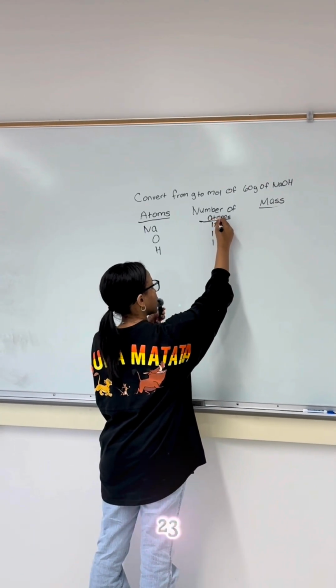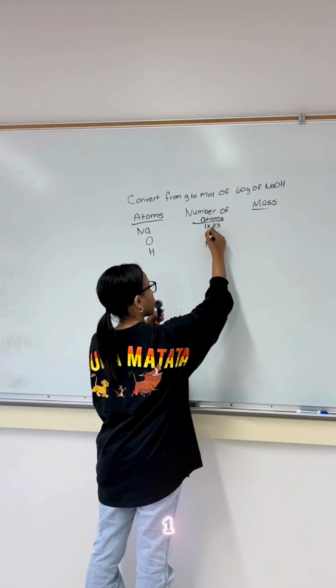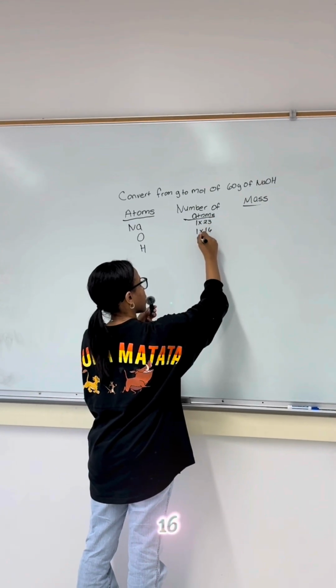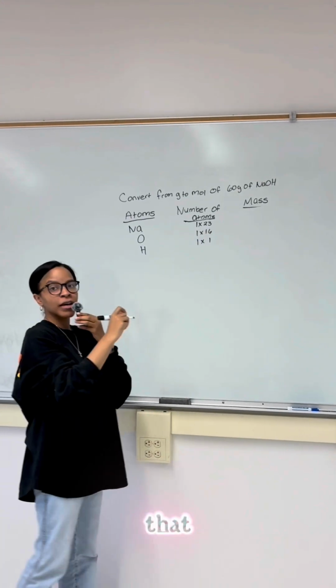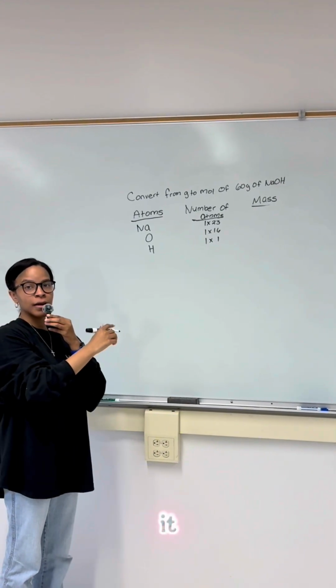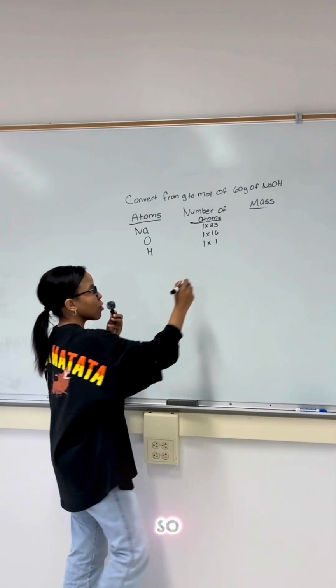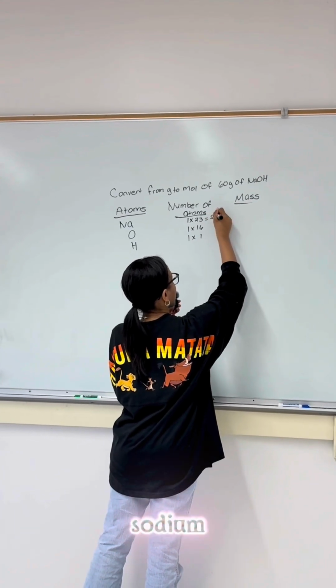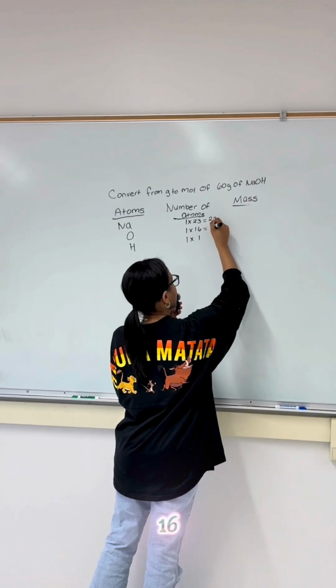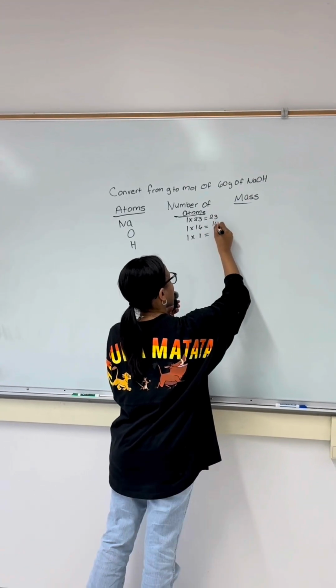So 1 times 23 for sodium, 1 times 16, and 1 times 1. Just remember that once you multiply by 1, it equals itself. So the mass numbers are 23 for sodium, 16, and 1.